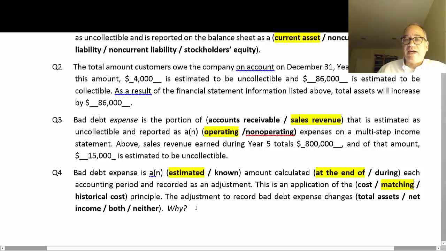The adjustments record bad debt expense changes. This is pretty interesting now. It's going to change both total assets and net income.